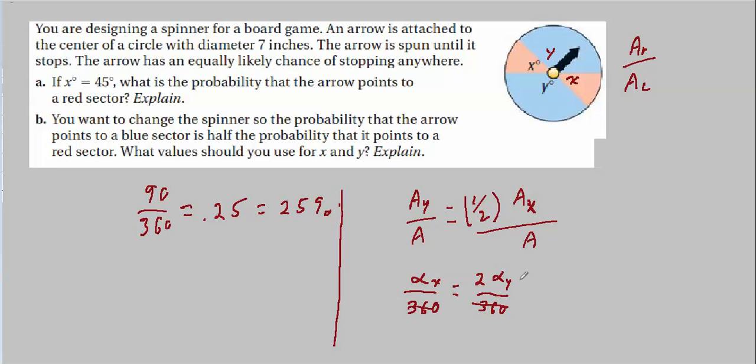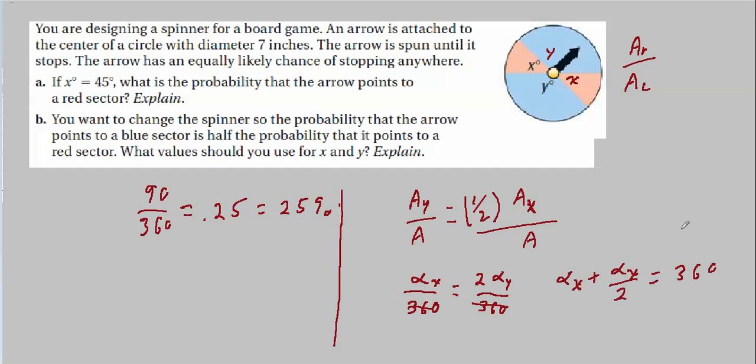So, for instance, alpha sub x plus 1/2 of alpha sub x equals 360. Well, this is easy.